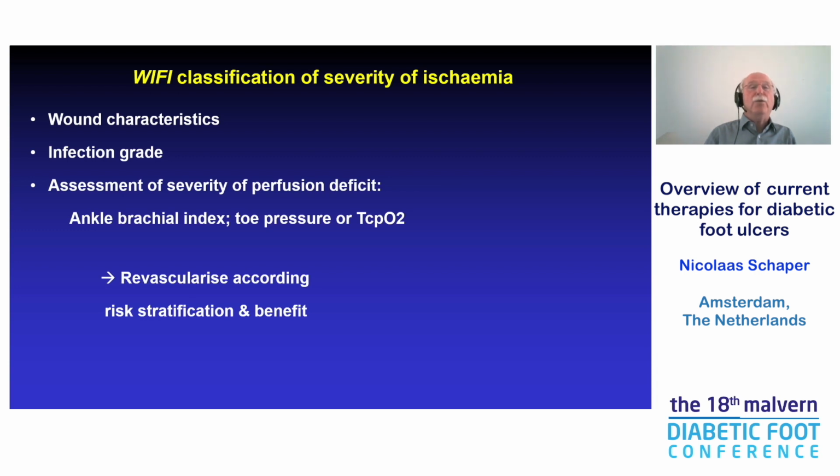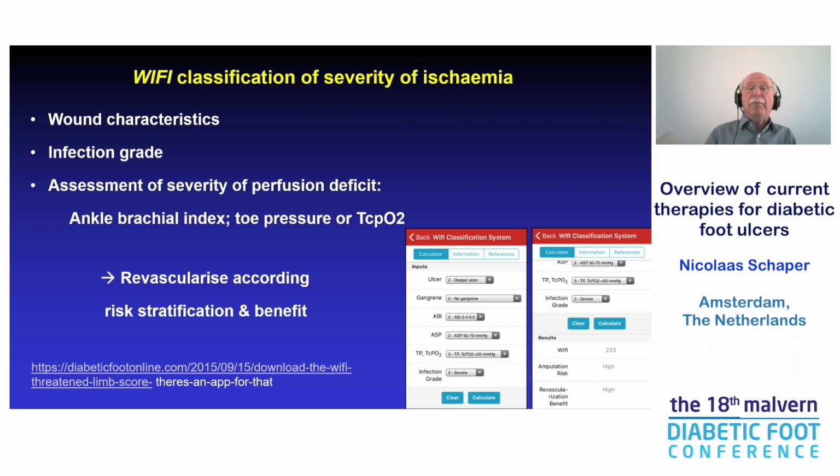And you take into account wound characteristics, infection grade, and assessment of severity of the perfusion deficit based on ankle brachial index, toe pressure, and/or TcPO2. And then you can revascularize according to risk stratification and expected benefit. There is an app for that, and you can simply download it on your mobile phone.